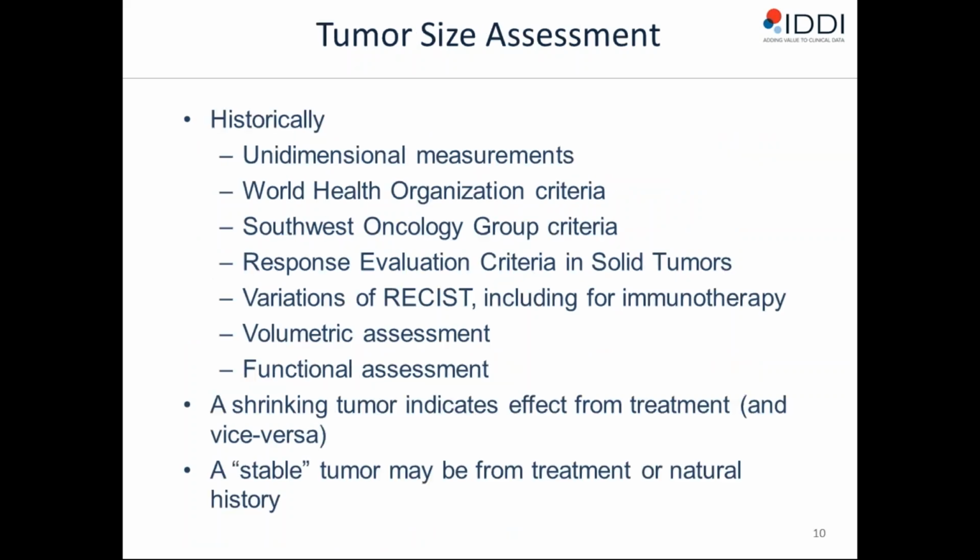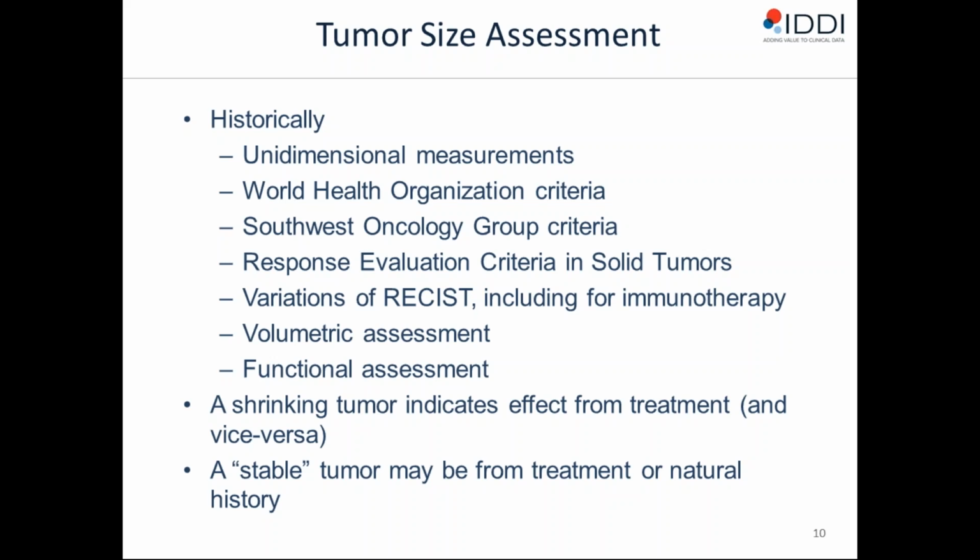Now, tumor size assessment has been very important in oncology since the beginning because it has always been clear that a shrinking tumor indicates effect from treatment. Other than very rare anecdotal reports of spontaneous regressions in very few tumor types, whenever a tumor is shrinking, it's because some kind of treatment is having its effect, and vice versa.